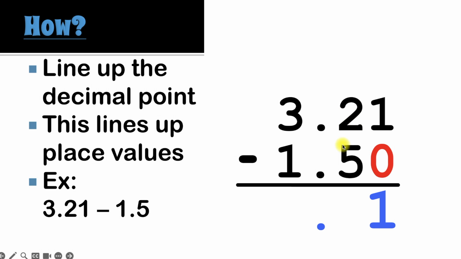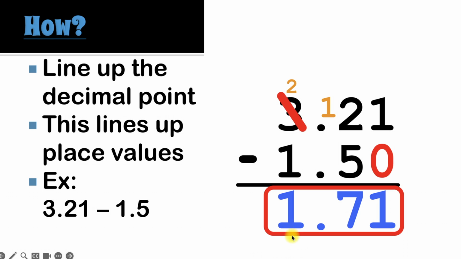We can't do 2 minus 5, so we're going to have to borrow from this 3, which means the 3 will become a 2, and this 2 will become a 12. 12 minus 5 equals 7. And 2 minus 1 equals 1. Making our final answer 1.71, properly read as 1 and 71/100.